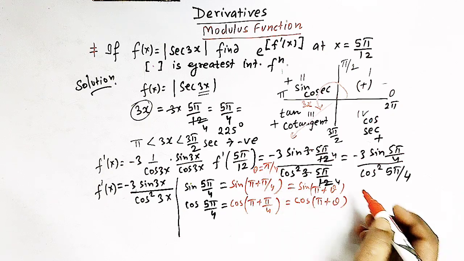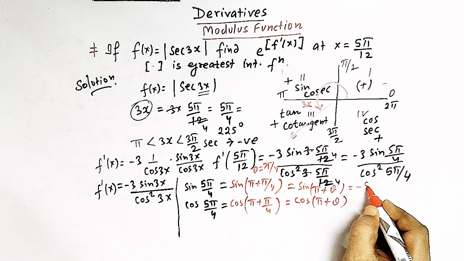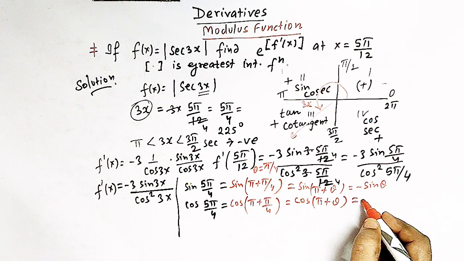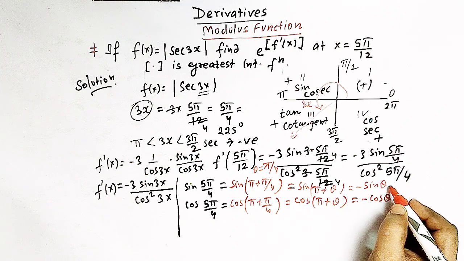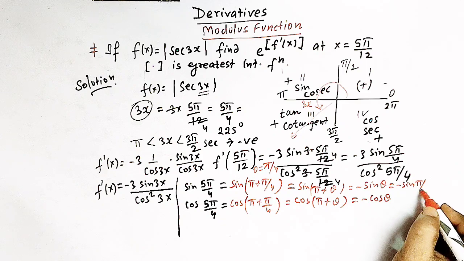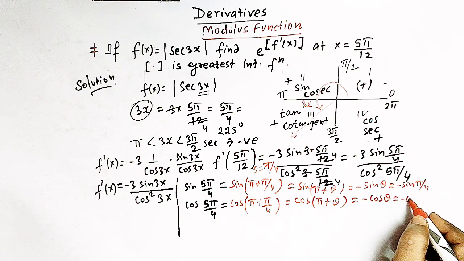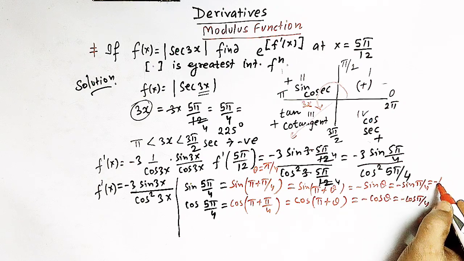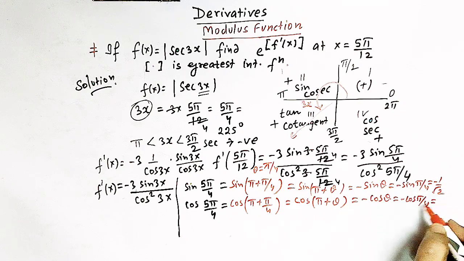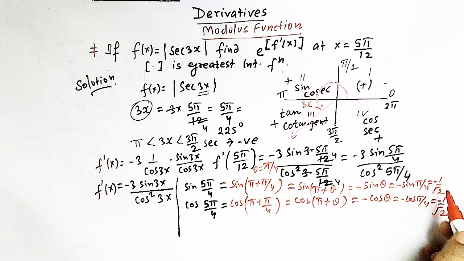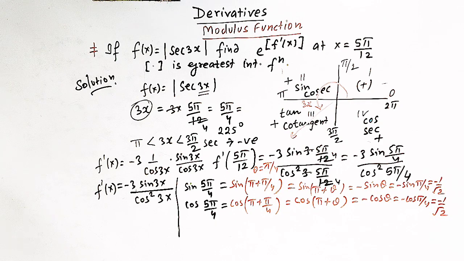So sine of pi plus theta is given by minus sine theta, and similarly cos of pi plus theta is given by minus cos theta. So here we have minus sine pi by 4, and here we have minus cos pi by 4. So this is minus 1 over square root of 2, and here also we have minus 1 over square root of 2, because sine pi by 4 and cos pi by 4 are equal to 1 over square root of 2.